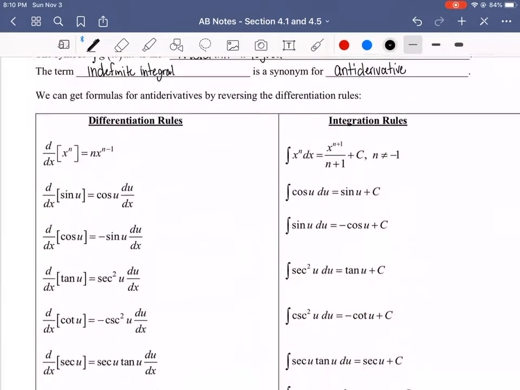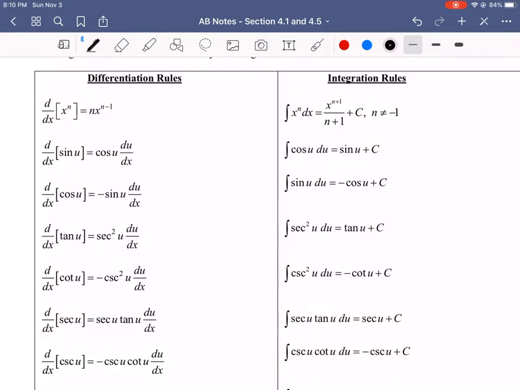Okay, so in the next big box on the first page here of your notes, I've got a list of a bunch of the basic antiderivative rules, and they're basically just stemming from differentiation rules. And so I'm going to point out a couple of these that I think are important, and the first one that I think is important is the first one. And so I'm going to say here on the left side, hey, what are the two things that we have to do in order to take the derivative of x to the n?